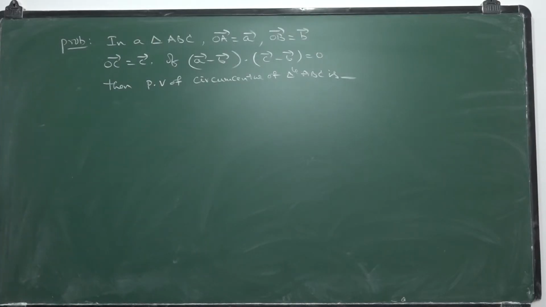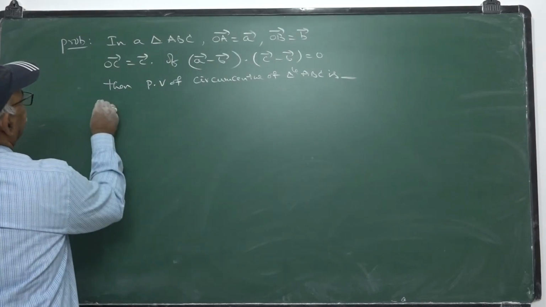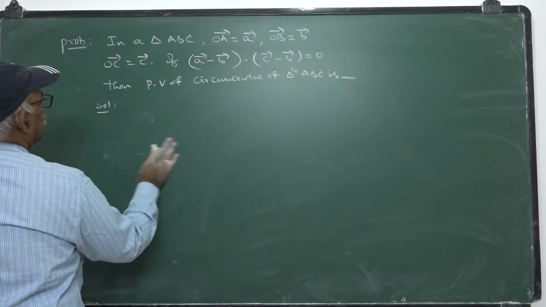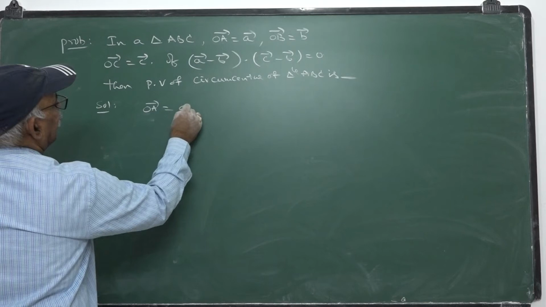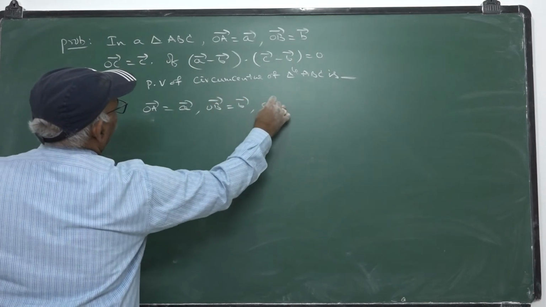OA bar is A bar, OB bar is B bar, OC bar is C bar, the position vectors of the vertices of the triangle, such that A bar minus B bar dot C bar minus B bar is 0. In such a case, what is the position vector of the circumcenter of triangle ABC? Let us consider the triangle. Here OA bar is A bar, OB bar is B bar, and OC bar is C bar.